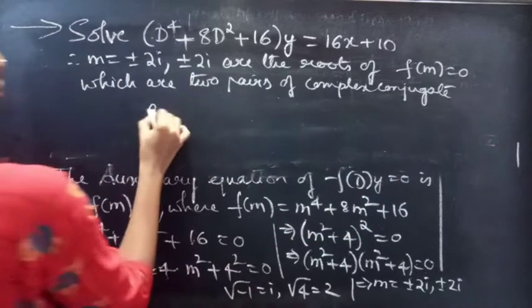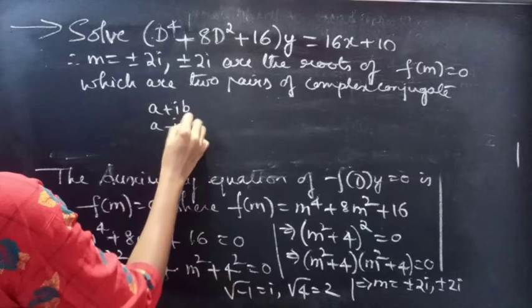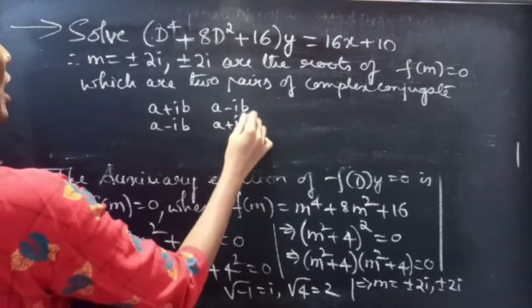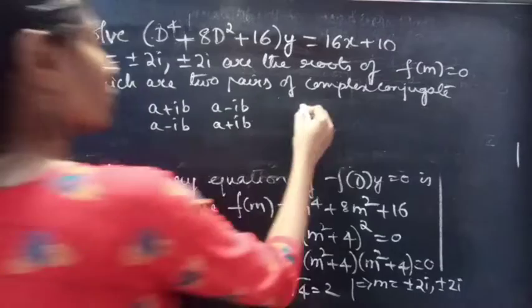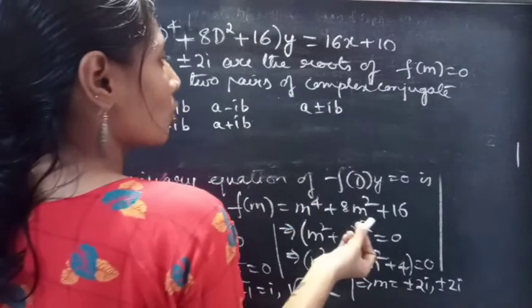We know that a plus ib is a complex number, then its conjugate will be a minus ib. Likewise, if a minus ib is a complex number, its conjugate will be a plus ib, right? So we call a plus or minus ib a pair of complex conjugate.